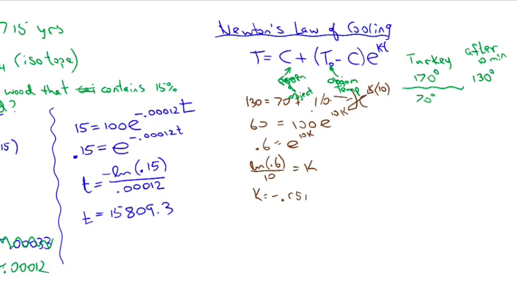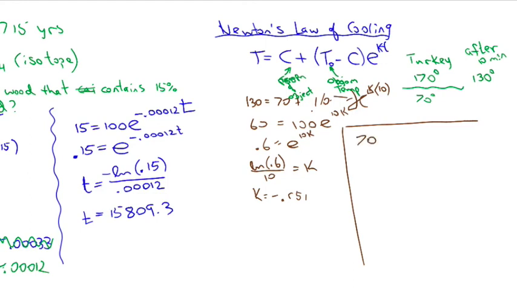All right. How long until it gets to room temperature, since you like room temperature turkey? How would I find that out? Well, if I wanted it at room temperature, what would the big T at the far left equal? 70.